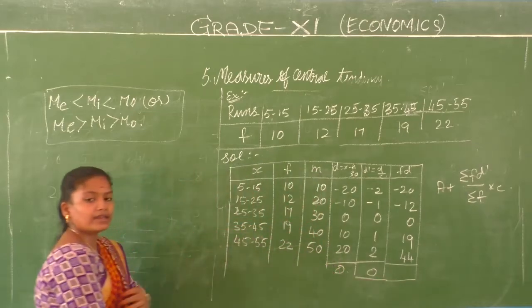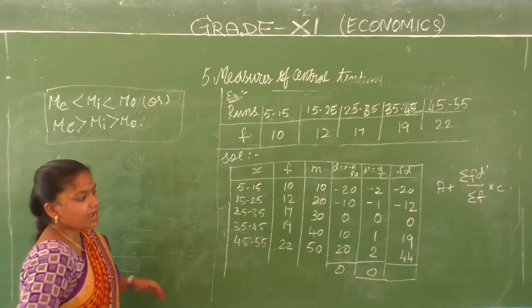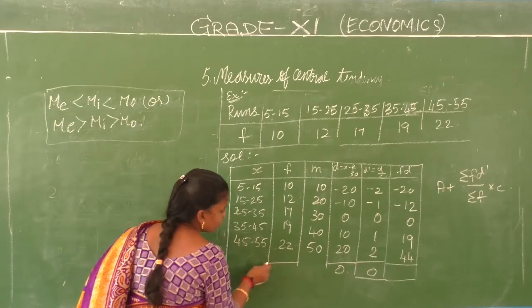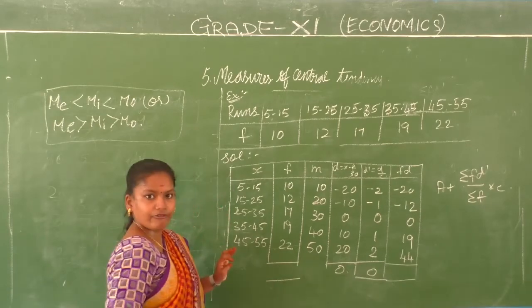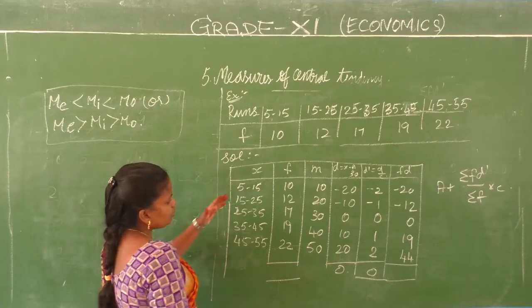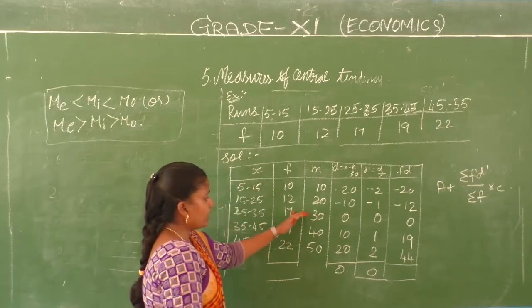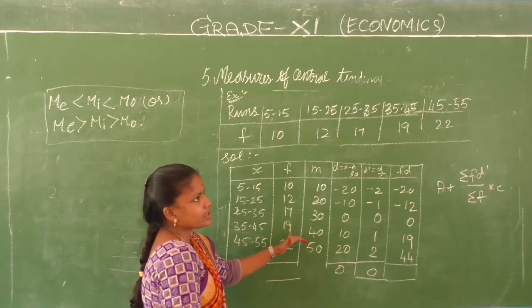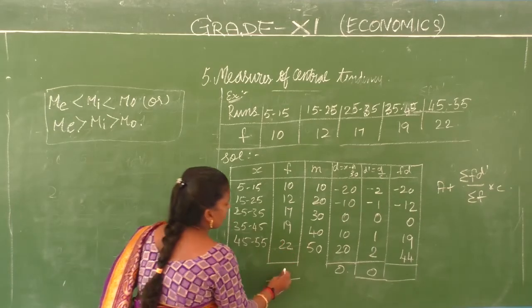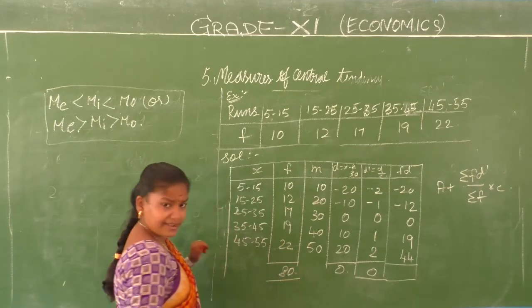Now what do you have to find? You have to find your sigma FD dash. And also you have to find your sigma F. Isn't it, children? You have to find the total of this. So 22, 29, 39, 39 plus 9, 48, 58, 58 plus 22, you get a value of 80 totally.